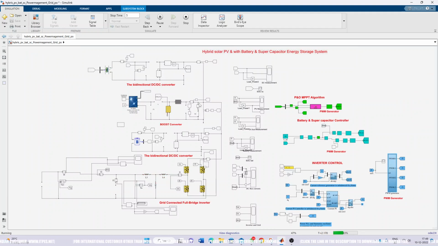So this is the working of this model. Now we can see the result.